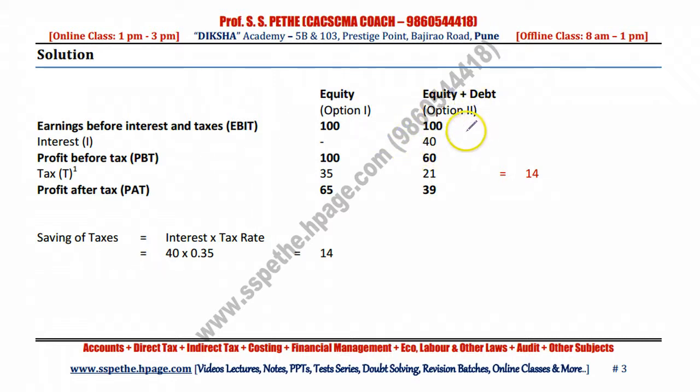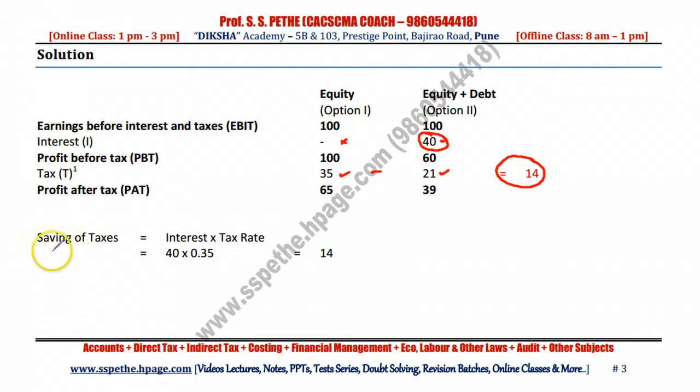In option 2 the company is paying 40 rupees interest, and because of this the tax liability is coming only 21 rupees. But in option 1, since the company is not paying any interest, the company will have to pay the 35 rupees of tax. इसका मतलब 40 rupees का interest pay करके company is able to save 14 rupees of taxes.